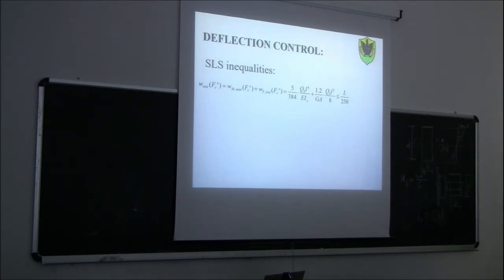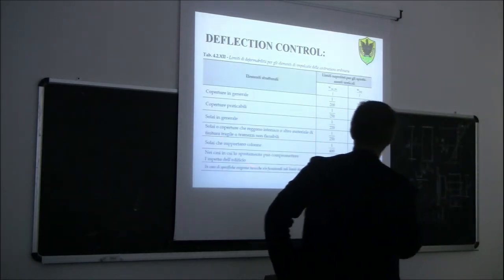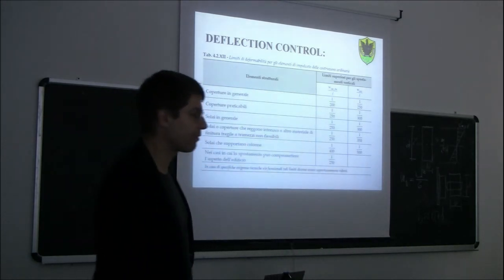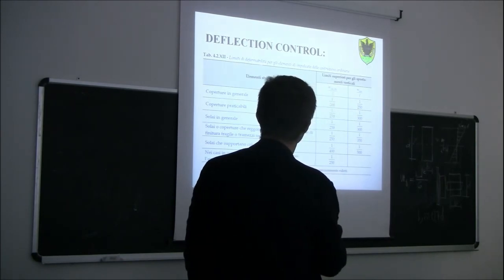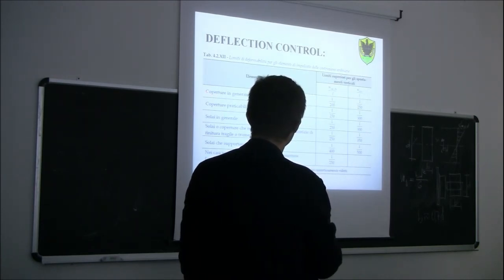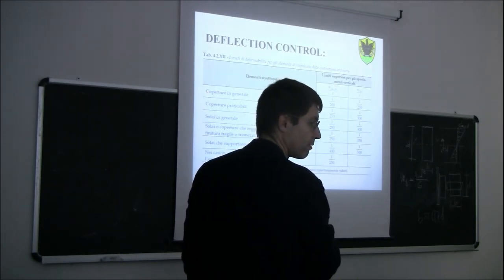So we will see later, it is a table, actually you can see immediately, then we go back. So this is the table taken from the Italian regulation for construction. See the limit of flexibility. For the vertical deflection, we have a difference between roofs and accessible roofs.